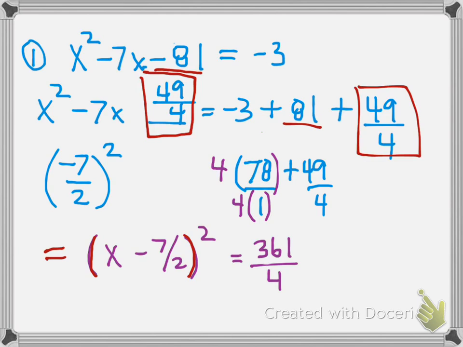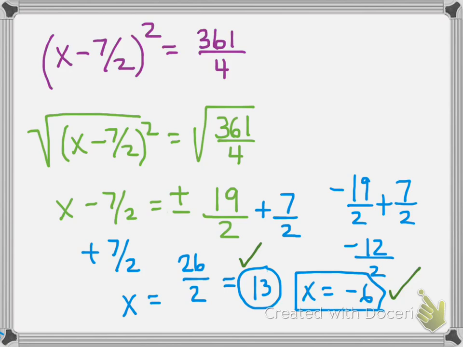In order to do that, you have to add like terms. So I had to get a 4 in the bottom of the fraction. So I give this one a 4 on the top and the bottom. When you do 4 times 78, you get 312. And 312 plus 49 gives you the 361 divided by 4.